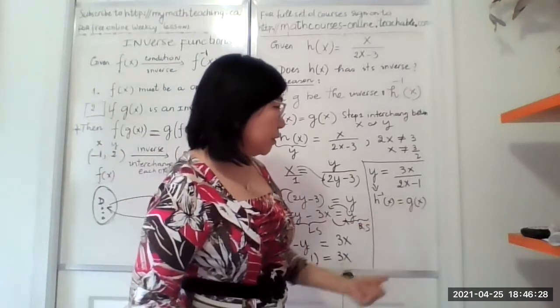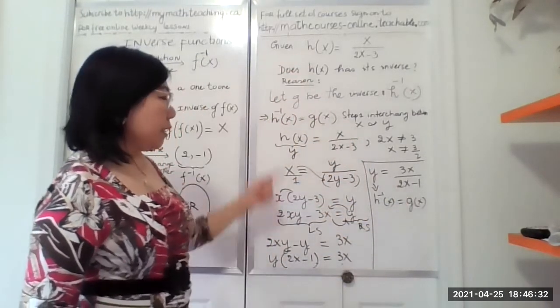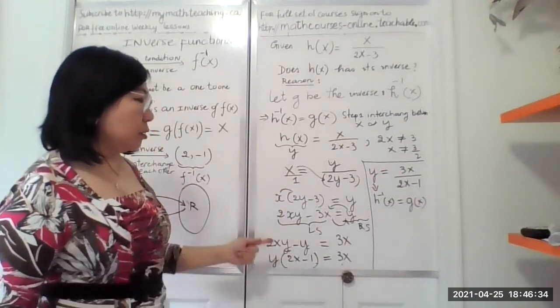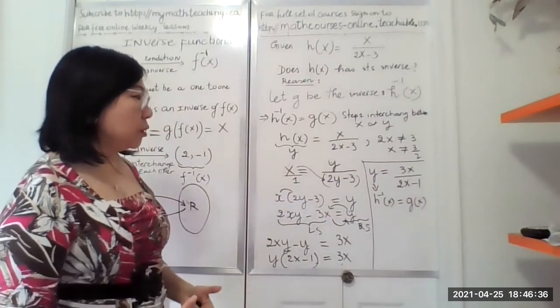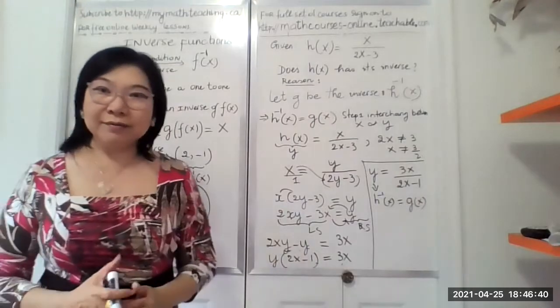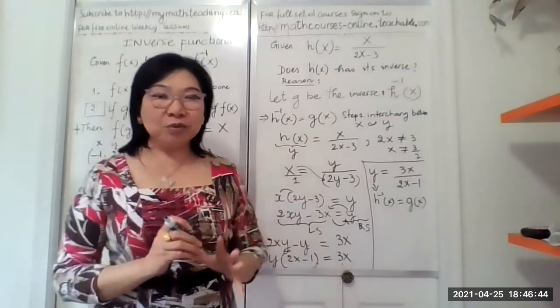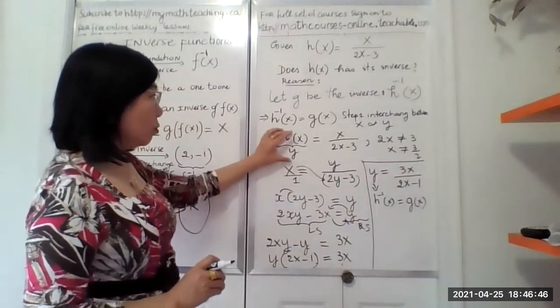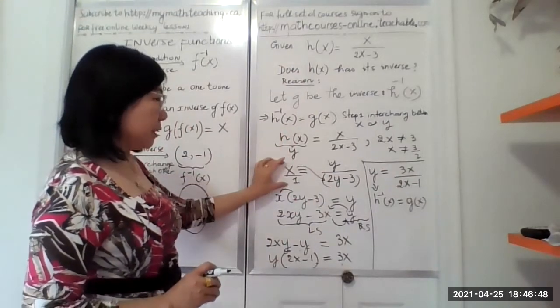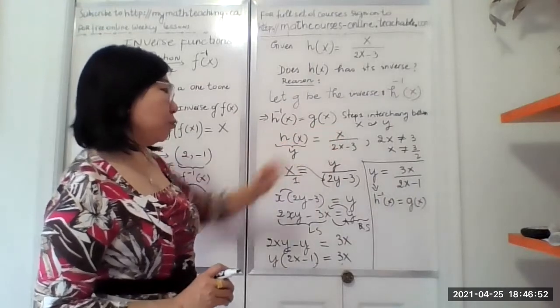This is the g of x function, which is the inverse function of h of x. And this is the procedure, the steps for you to learn how to solve for the inverse function. All you have to do is substitute the y coordinate by the x and substitute the x by the y. So that is step one.